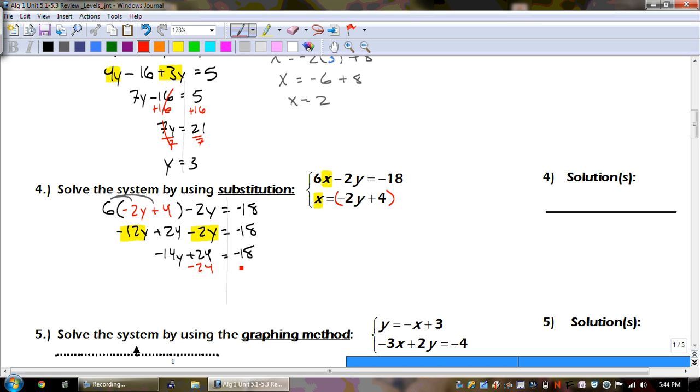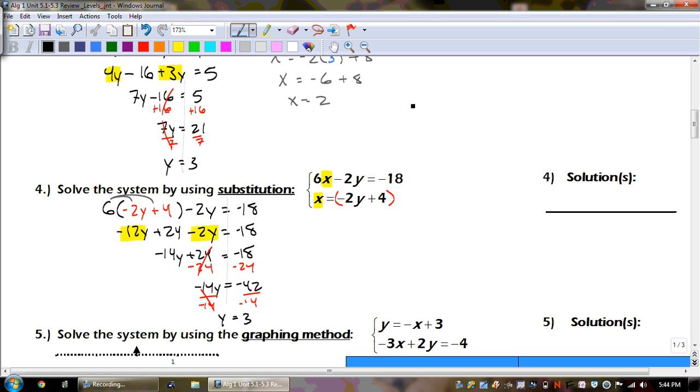So we're going to subtract the 24 from both sides. -14y equals, well, what's -18 minus 24? Negative 42, and then divide both sides by negative 14, and then we get that y equals 3.